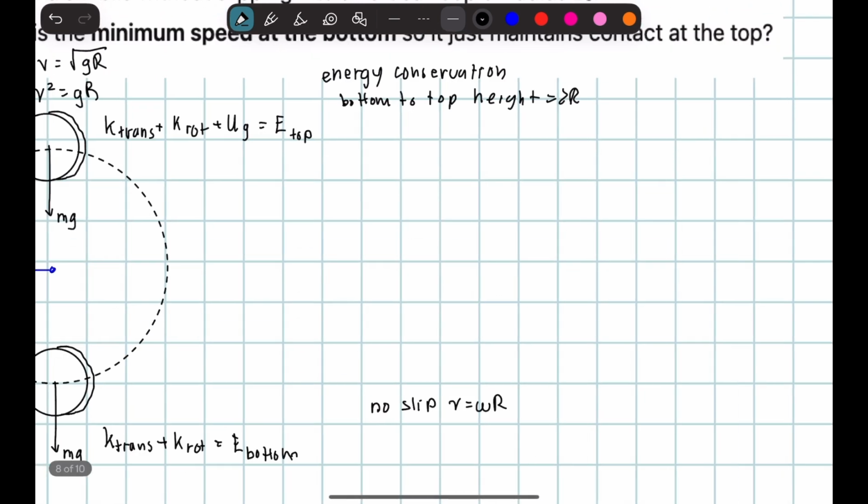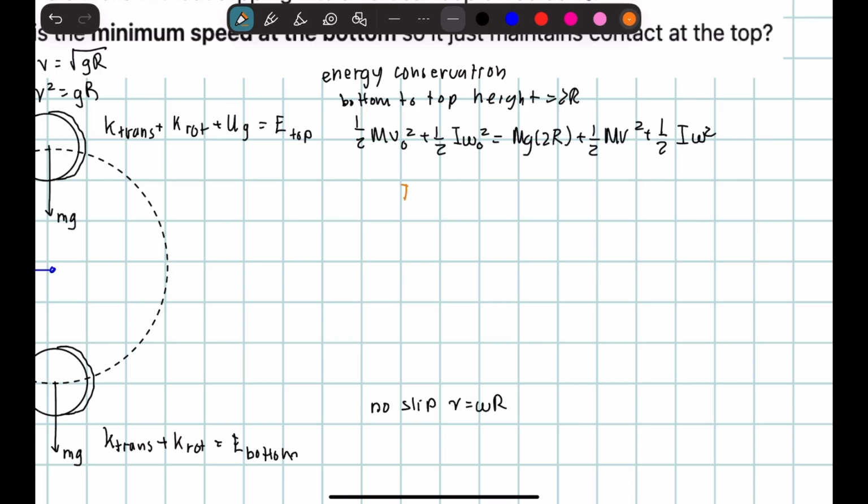So we have 1/2 m v initial squared plus 1/2 I omega squared is equal to mg times 2r plus 1/2 m v squared plus 1/2 I omega squared.